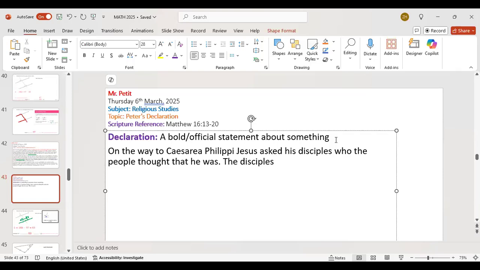Very good. The disciples told Jesus that the people thought that he was Elijah the prophet. What else?